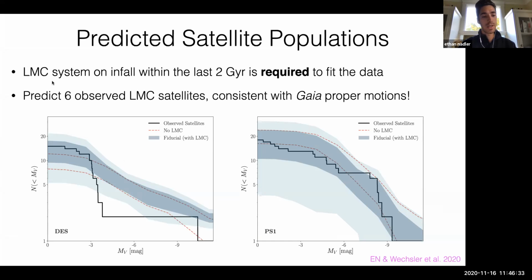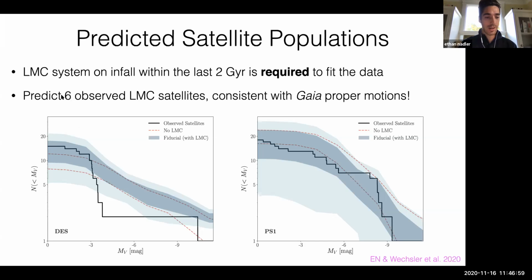So an LMC with a peak halo mass of roughly 10^11 solar masses that fell into the Milky Way within the last 2 gigayears and is now at the correct distance from us is required to fit the data. And this is because it brings with it the population of its own satellite galaxies that causes distinct anisotropy in the observed satellite population, as I was telling you about earlier.